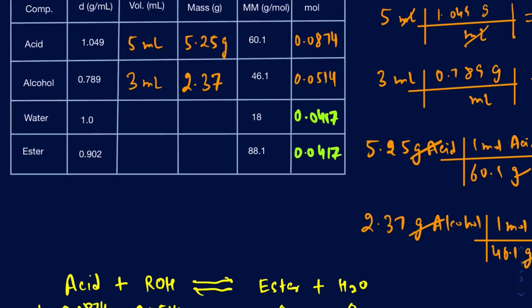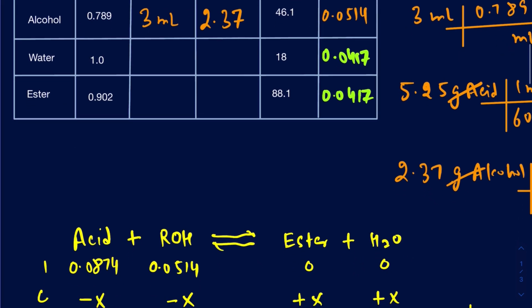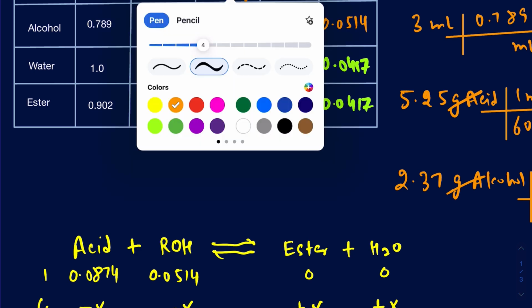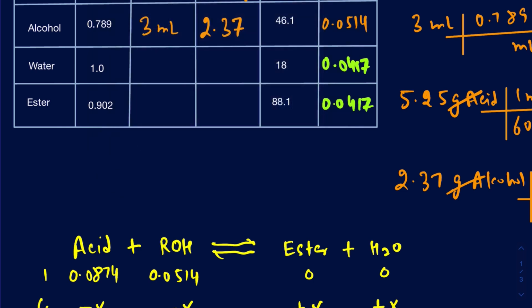Okay, so let me do the back calculations to figure out the volume of the ester that you're theoretically supposed to make. We are going to be starting with 0.0417 moles of ester, and in the first step, I want to find the grams of ester.